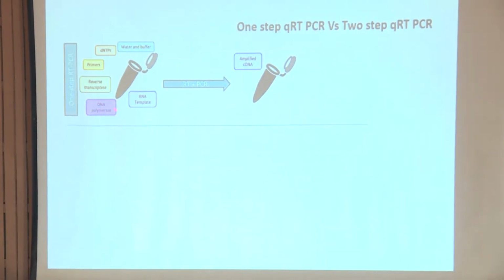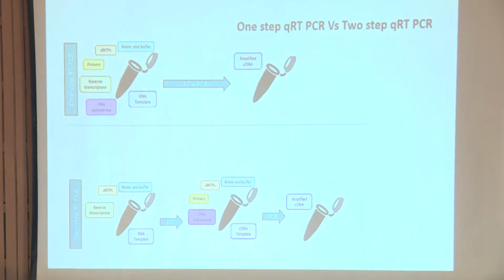You put everything here. You can see the reverse transcriptase enzyme and the DNA polymerase enzyme together, plus all the rest of the ingredients needed for converting RNA into cDNA, and also the cDNA into the amplicon library. That is a single step. In two step, the RNA is handled separately, the cDNA is prepared separately, and the stock is preserved somewhere.